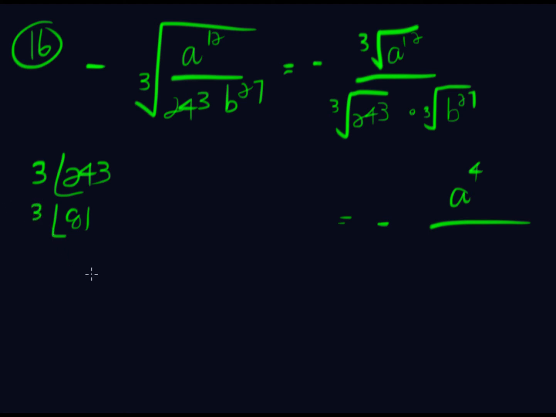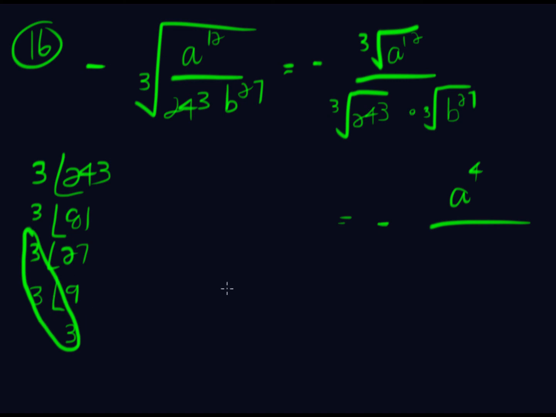So 3 times 27. And 3 times 9. And 3 times 3. So I stop here because 3 is prime. So these are all prime numbers that go into 243. And since I'm taking the cube root of 243, I look for the 3 that repeats 3 times.